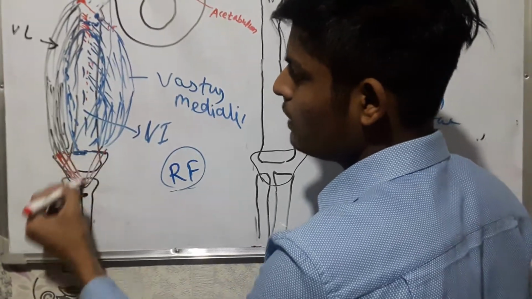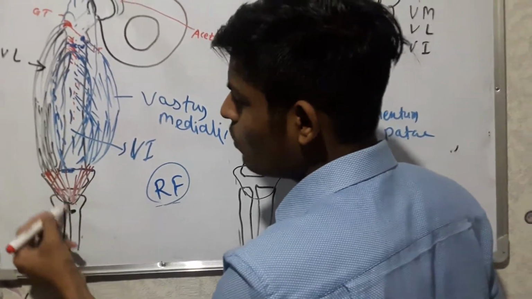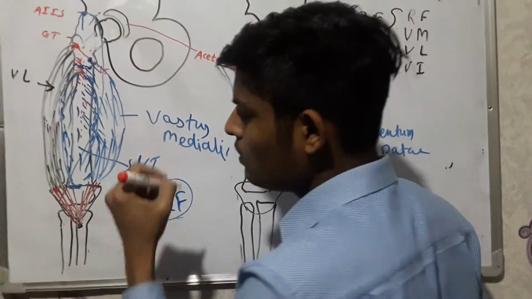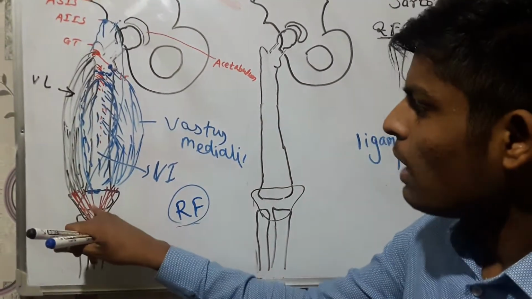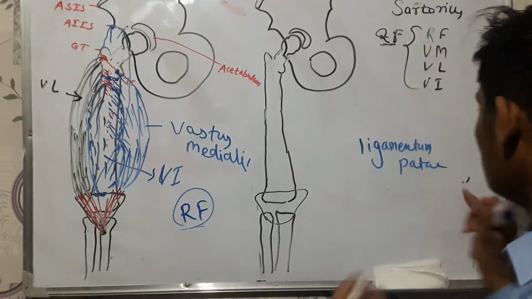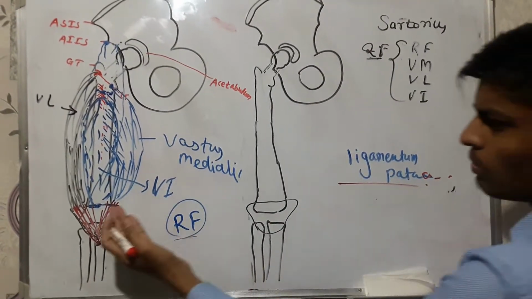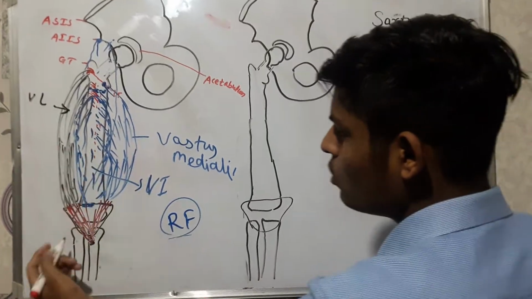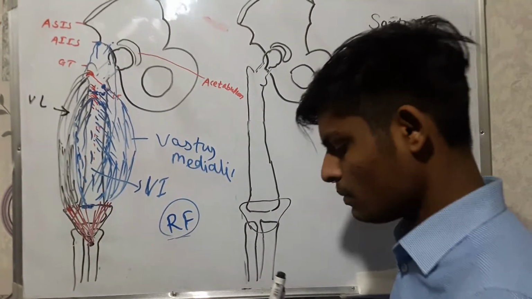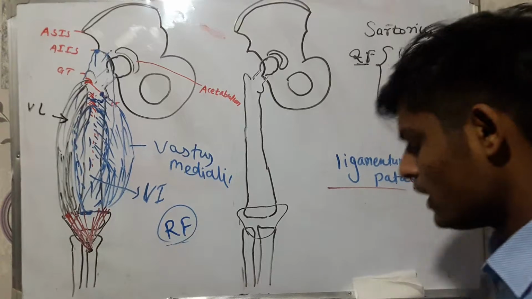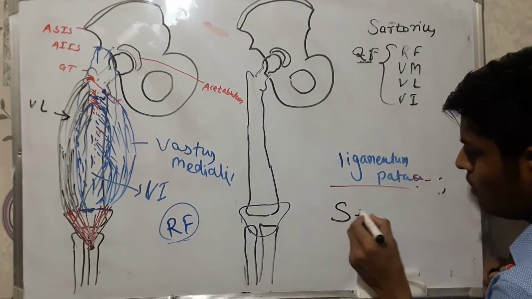These fibers are of the tendons of this quadriceps femoris. They run downwards and go up to the tibial tuberosity. So this part only is called ligamentum patellae. So don't confuse. These are just the extensions of the insertion parts of the quadriceps femoris muscle up to the tibial tuberosity. Next word, that is sesamoid bone.